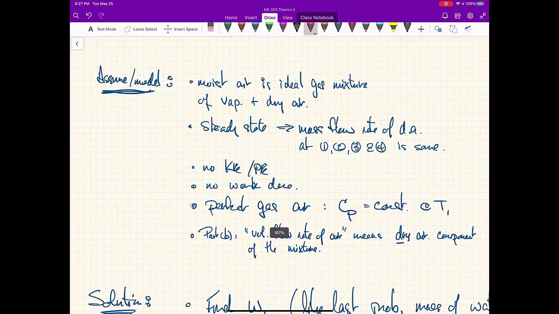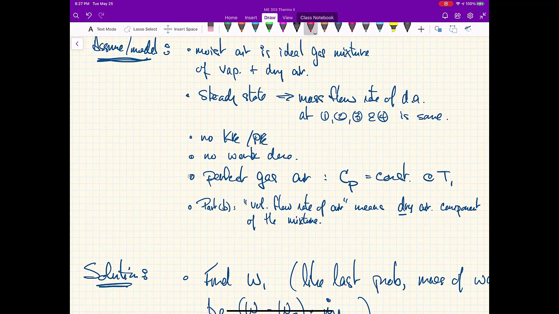We're going to assume that this entire process takes place at steady state. We're going to assume that there's no kinetic or potential energy effect that affects this problem. So therefore, my stored energy is simply the thermal energy that I have. And while there is no work done, of course, because I have an open system, I have some flow work that's happening to this fluid as it moves from 1 to 2 to 3.